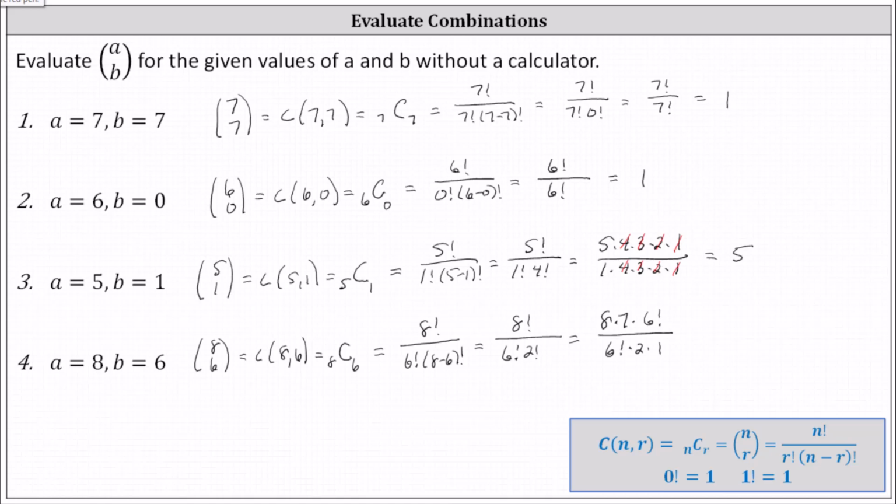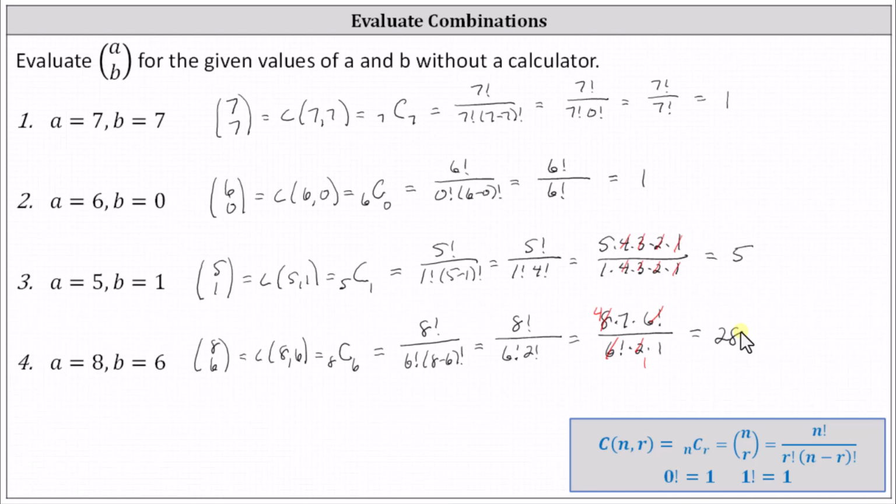Notice by writing 8 factorial as 8 times 7 times 6 factorial, we cut down on the amount of work we have to show, and 6 factorial divided by itself simplifies to 1, and also notice 8 and 2 share a common factor of 2. The 2 simplifies to 1, the 8 simplifies to 4, and we're left with 4 times 7, which is 28.